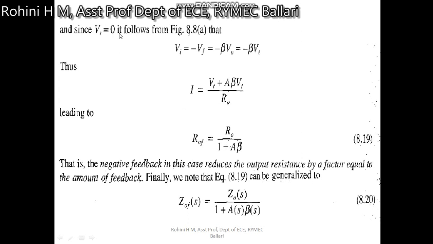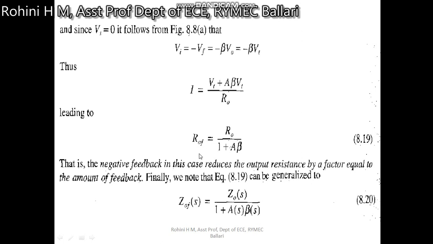And since Vs is equal to 0, it follows from the equation that Vi is equal to minus Vf, that is equal to minus beta into Vo. Because the output voltage is the test voltage, we can write I as Vt plus A beta into Vt divided by Ro. Therefore we can write Rof as Ro divided by 1 plus A beta.